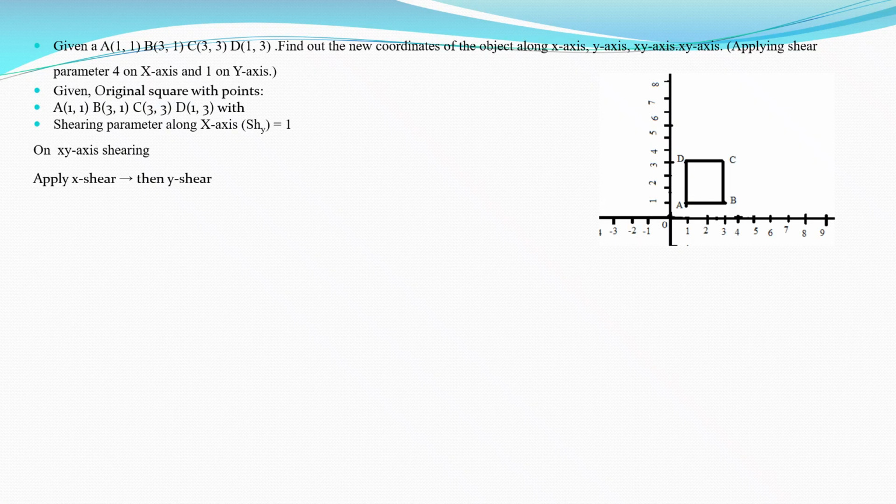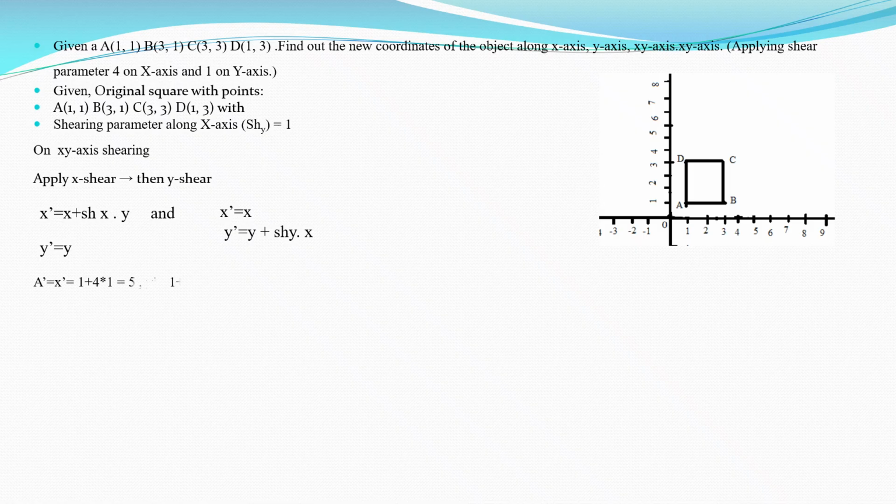First we apply the x shearing, then we apply the y shearing on the x-sheared values. That means first we find the x shearing, and then we apply the y shearing on those same values.